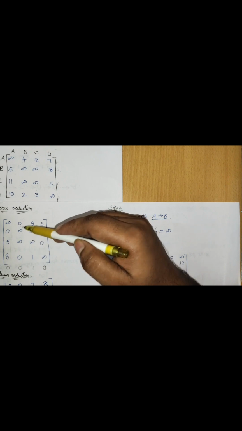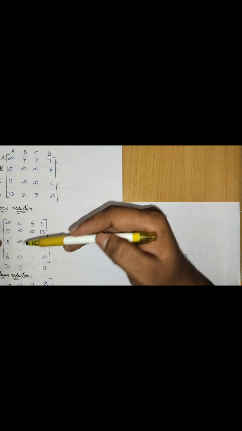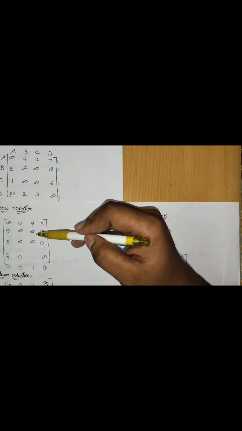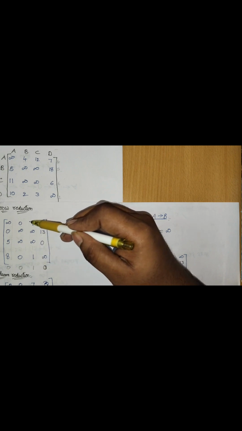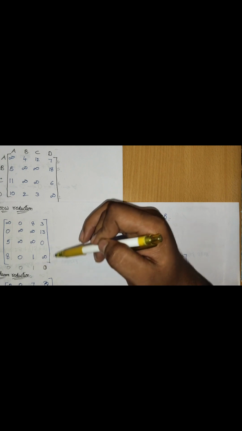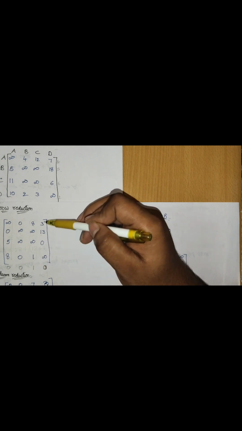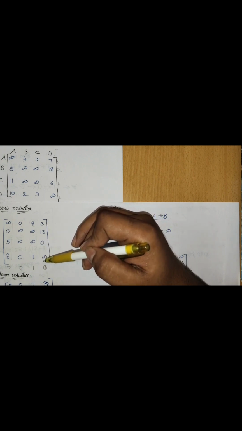Now let's reduce column wise. Column wise in the sense you have to select the minimum element in the column. In this column minimum element is 0, so need not be reduced. In this column minimum number is 0, so need not be reduced. And in this column minimum element is 1, so you have to subtract every element in the column with 1, and minimum element in this column is 0, so it need not be reduced.